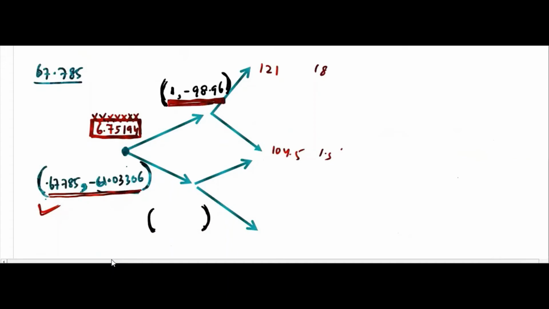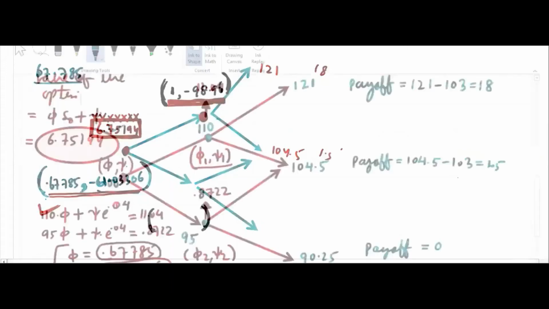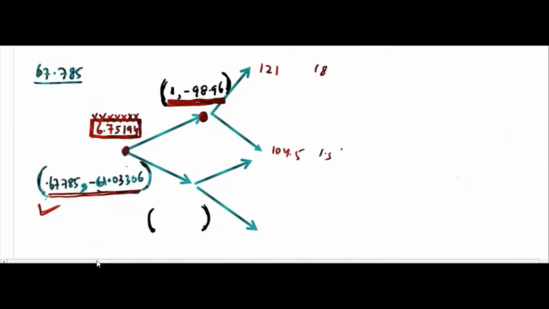My portfolio on 5th October 2022 must be this, if the share price will be 110, I mean in the up step. My portfolio should be this, so that everything in future will happen.